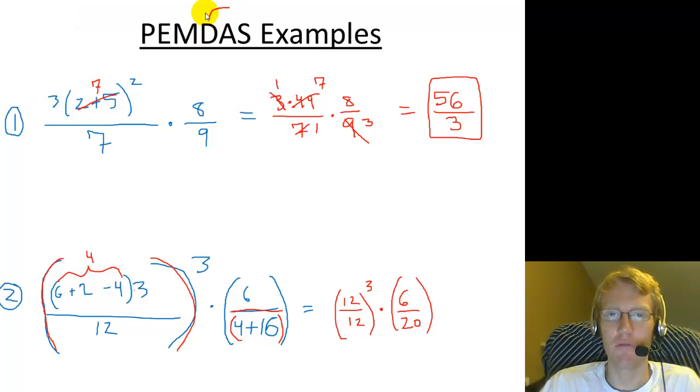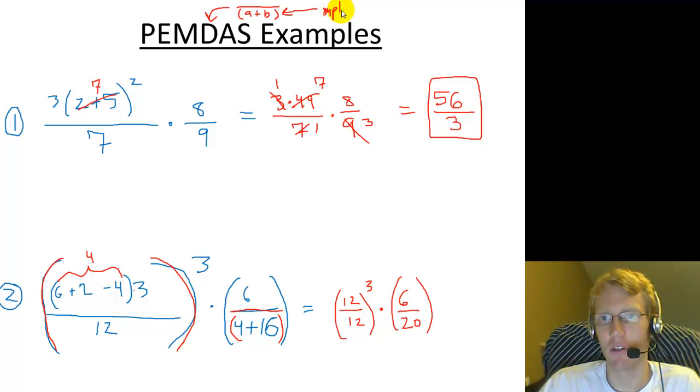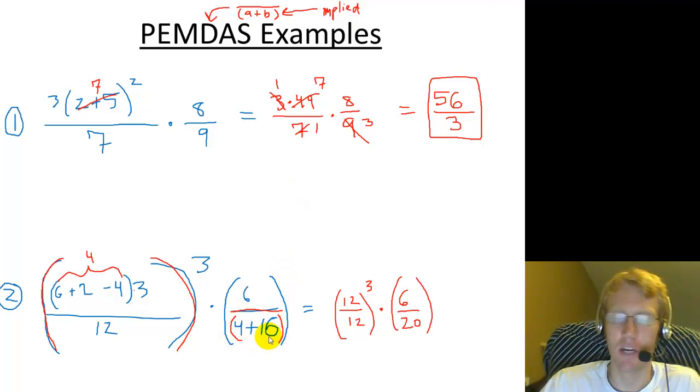When you have division and you have a denominator that's got multiple things in it, like thing 1 plus or minus thing 2, multiple things added or subtracted in the denominator, there are implied parentheses. Implied means they're there even though you don't draw them. So that's really critical that whatever's in the denominator, or in the numerator, in fact, the numerator also has implied parentheses.